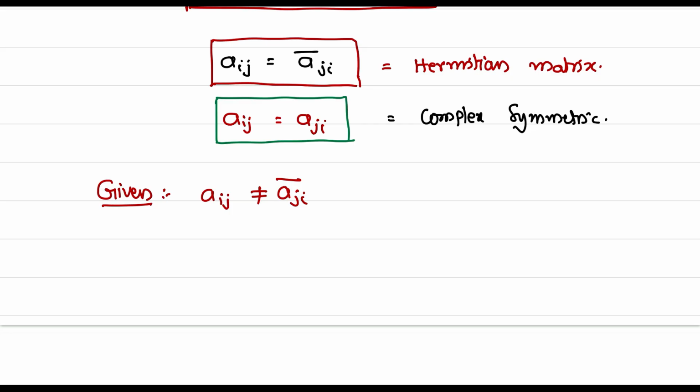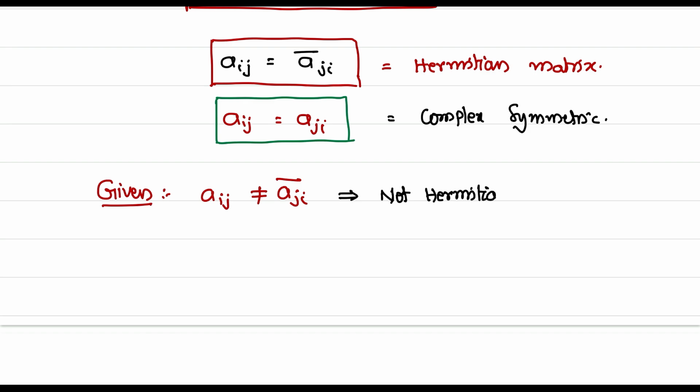If Aij is equal to conjugate Aji, then it is Hermitian. Hence, from the above definitions, it is not Hermitian.